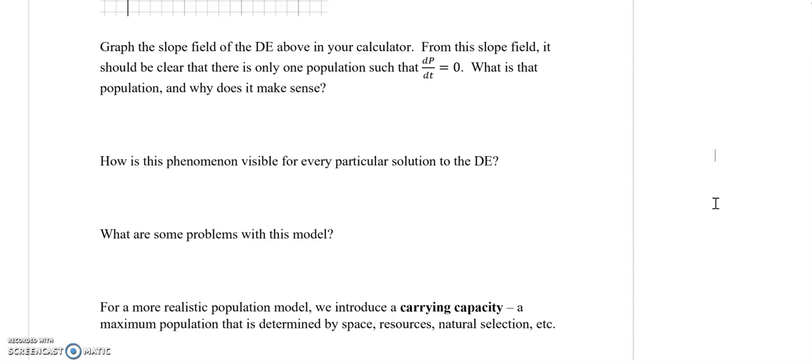Survival of the fittest sort of thing. So there will be some limiting factors so that our population will not grow forever to infinity, but it will have some upper level. We call that our carrying capacity. In the next video, we'll take a look at what the mathematical implications of introducing a carrying capacity are.